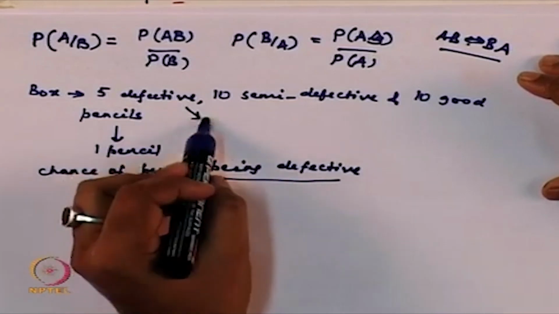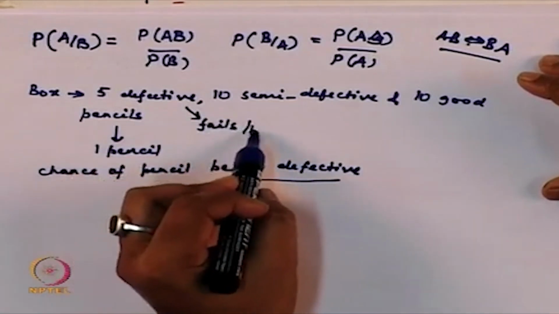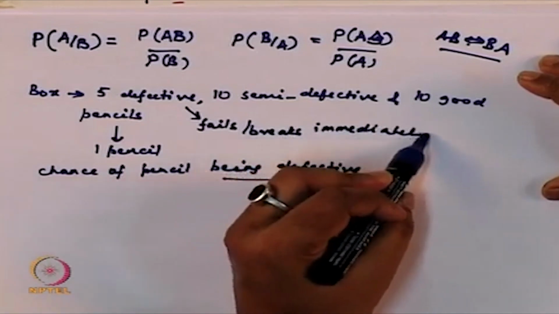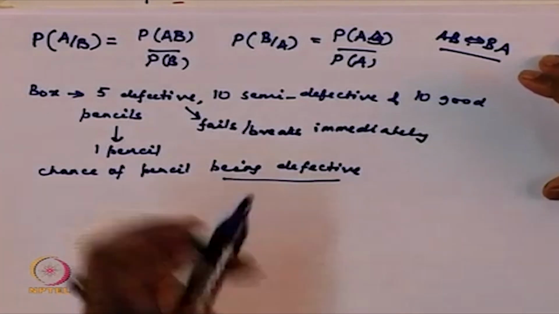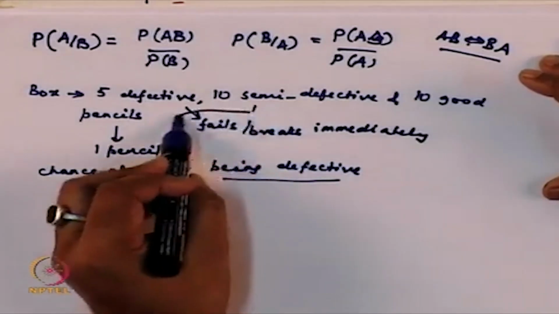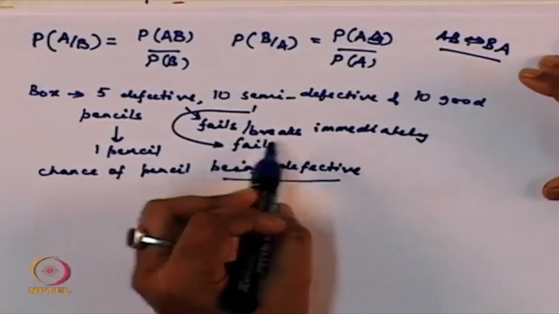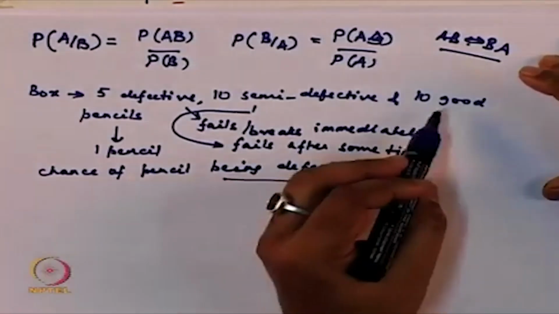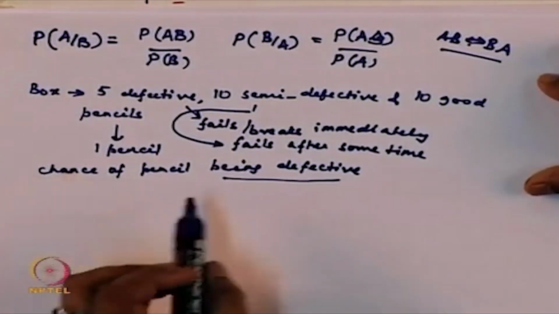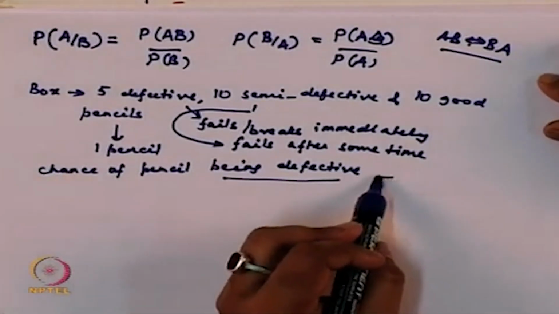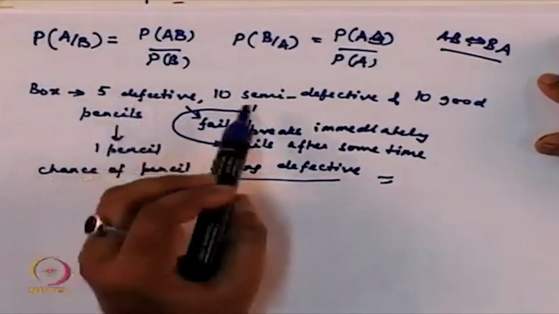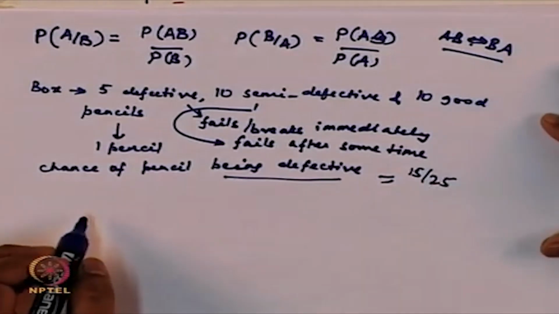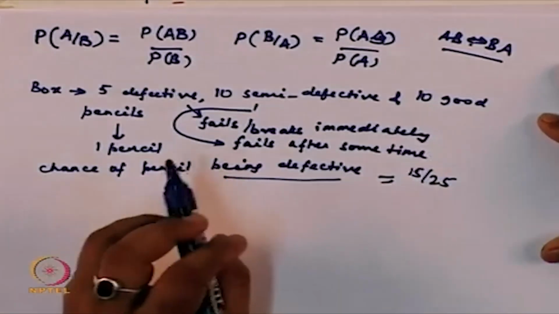So, this one fails or breaks immediately, this one fails after some time, and these ones are good. So, the chance of the pencil being defective is the total number of defective pieces, which is simply 15 by 25. So, you have 15 defective and 10 good.